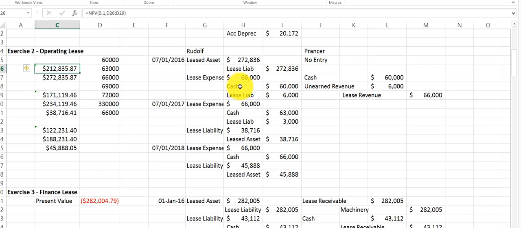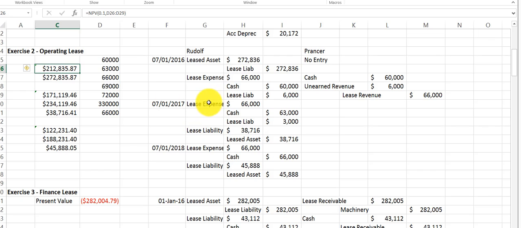So on Rudolph's side, we record lease expense, credit to cash. The difference goes to the lease liability or the leased asset, whichever you prefer. All right. The Prancer makes the journal entry just the opposite, recording revenue and the cash, with the difference going to an unearned revenue account most likely.